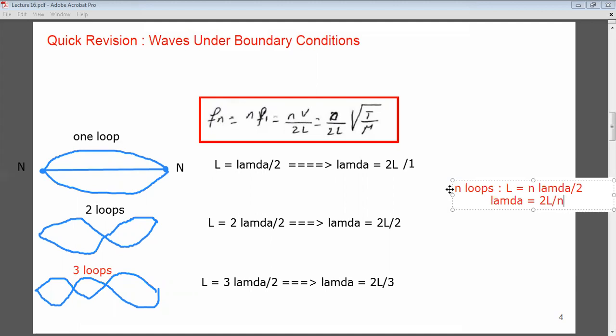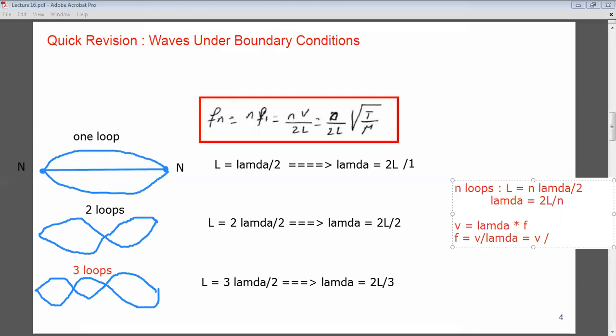Now, how do we get the equation of a frequency if I have lambda? I have to remember that V is equal to lambda times frequency. So frequency is equal to V over lambda, which is equal to V over, how much is lambda?